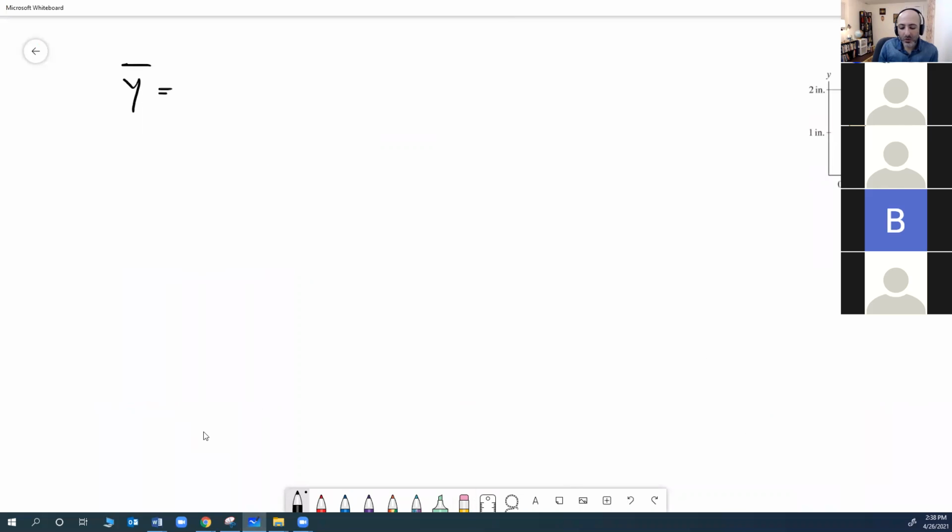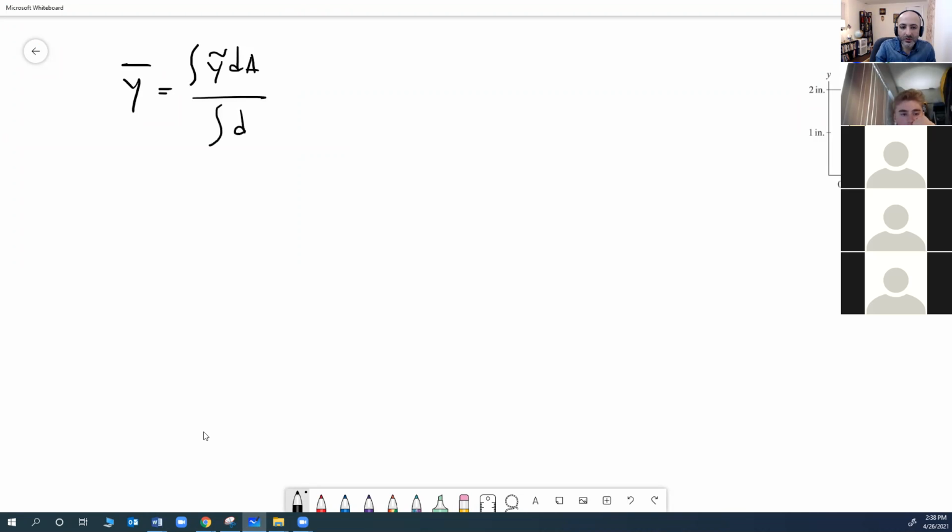You remember the equation for y bar, if you want to do the integration? Y bar is the integral of y tilde dA over the integral of dA.